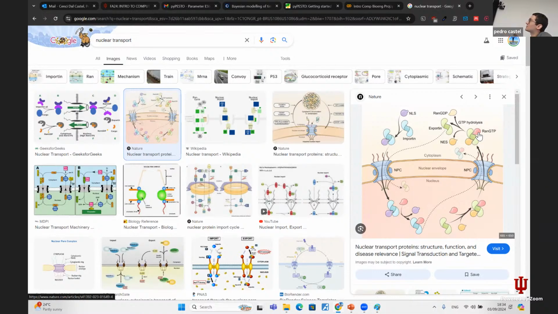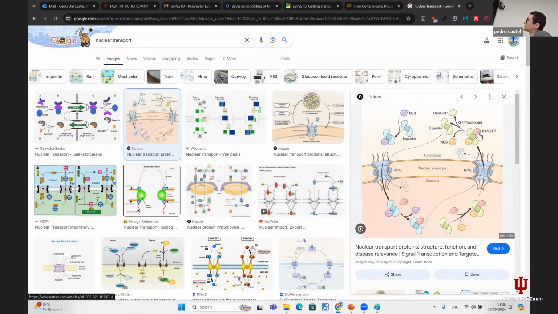And these importins and exportins, this is very interesting, they just bind to proteins that start with a certain sequence of amino acids. So when the protein is translated and it needs to go back inside the nucleus, it's already written in the DNA that this protein has to be targeted to the nucleus.